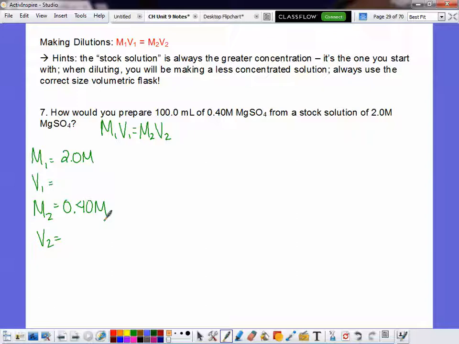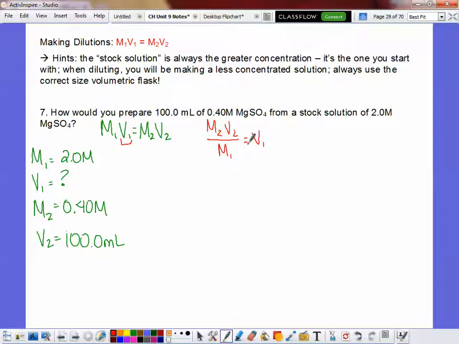Do we know how much of the 2.0 molar I need to measure out? No, that's what I'm solving for. And then how much of the 0.40 molar solution do I need to make? 100 milliliters. All right, so I'm solving for which variable? V1. So rearrange this formula to solve for V1, and what do you get? M2V2 over M1 equals V1.